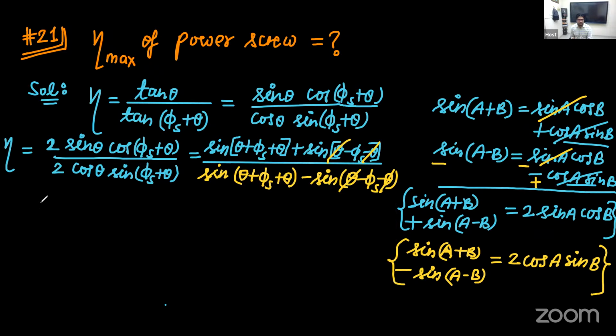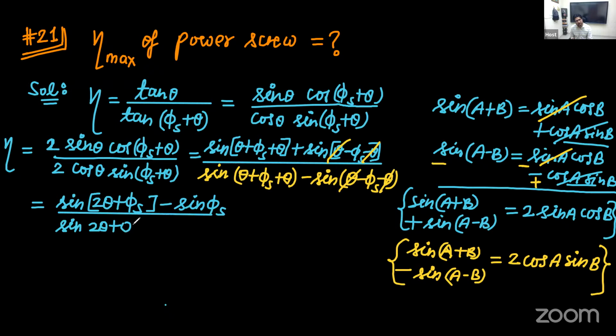In the numerator, I get sine 2 theta plus phi s, and plus, actually minus, because sine of minus phi s will become minus sine of phi s. Minus minus becomes plus sine phi s.